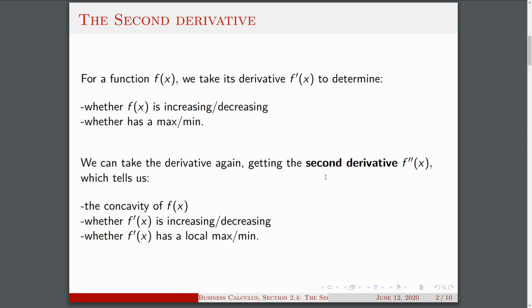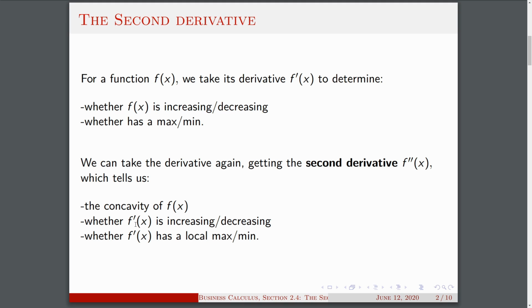Okay, anyways, so what does this second derivative tell us? First of all, it tells us something about the concavity of the original function, f of x. So the second derivative tells us if the function is concave up, concave down, if there's any inflection points where it changes concavity and so forth.